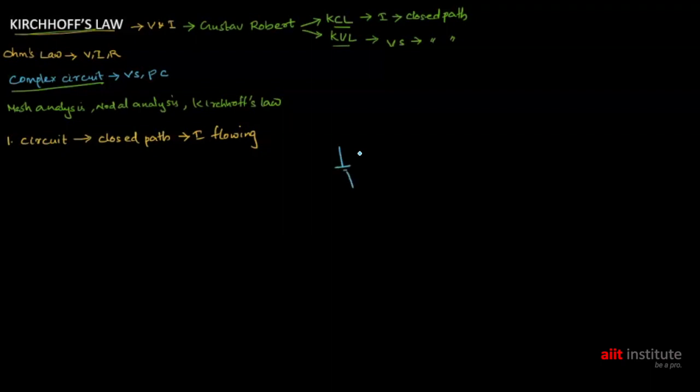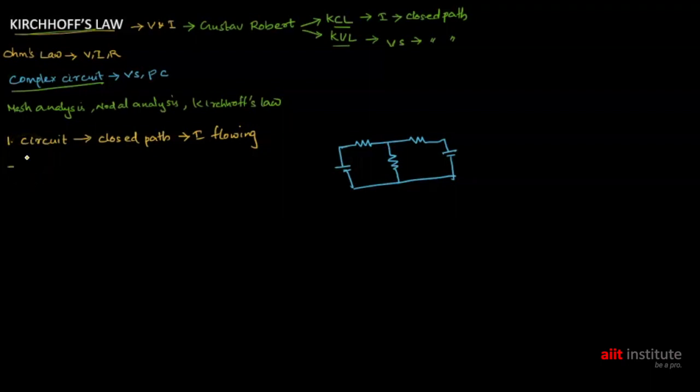We have a voltage source and I am connecting it to a resistor, one more resistor, one more voltage source. Here also I am connecting one resistor. I am connecting here. So this is a circuit.